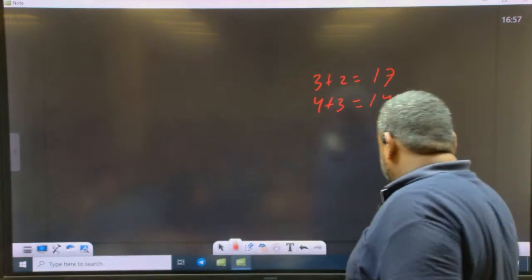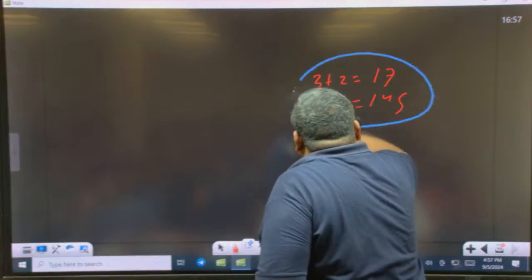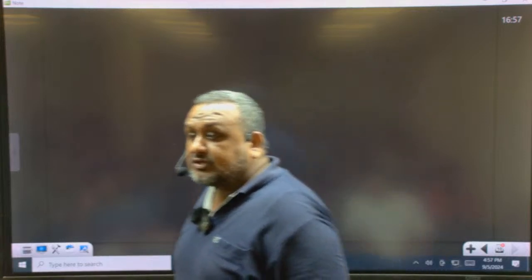Now the next simple 6 questions, only plus, minus. Again, I'm just reminding you of the basic things. If numbers in the question are near to each other, what should be your first step of the logic? Either plus or minus.